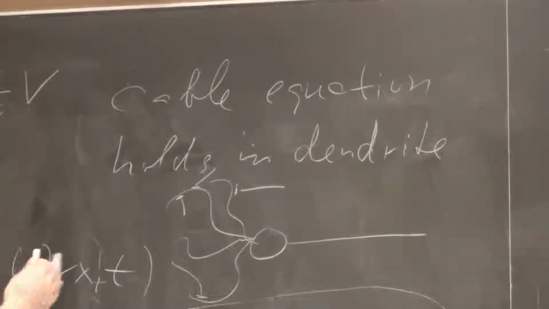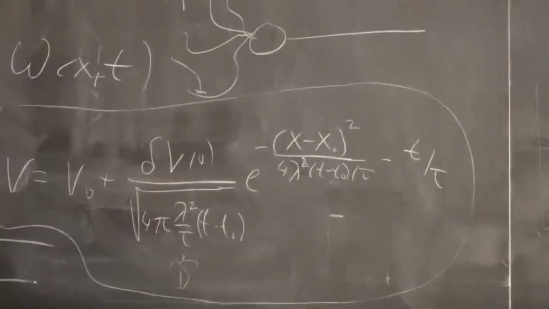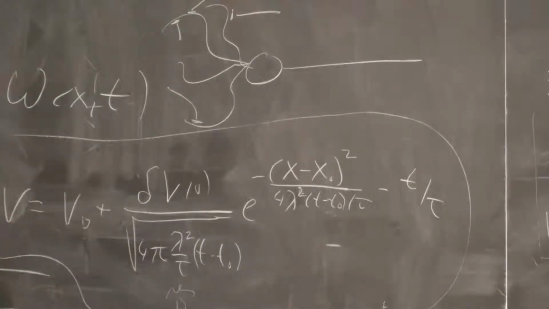We can calculate, it's a diffusion coefficient, we diffuse, we can calculate what is the probability here. One-dimensional diffusion is very easy. Now we have to do cable diffusion. There are very nice computer programs that can do it.